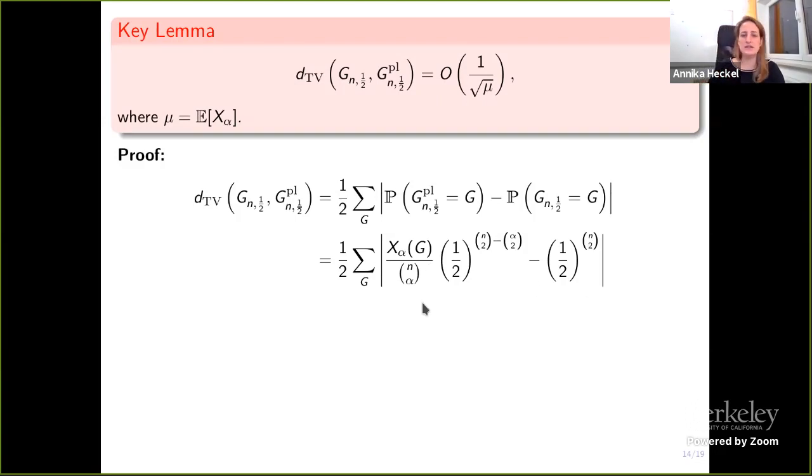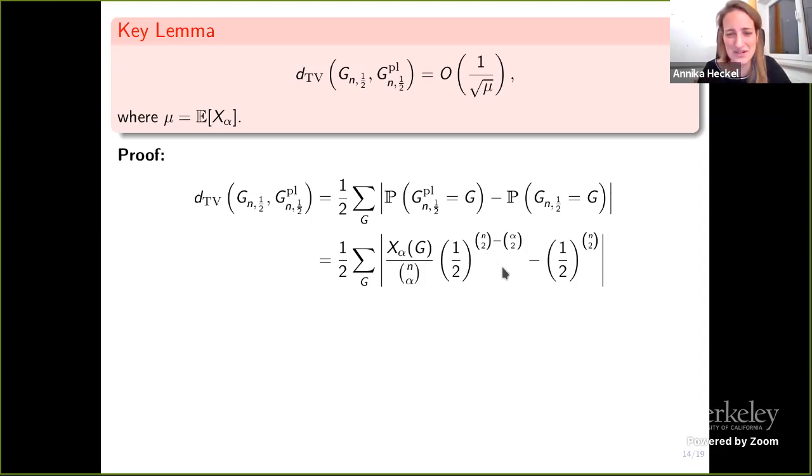And now here, what's the probability that our planted model comes out as a specific graph? Well, first of all, our planted alpha set has to come out as one of the alpha sets in G. So there are X_alpha(G) choices for this, divided by n choose alpha, the number of all choices. And then all the remaining edges have to come out exactly right, so either be there or not be there. Okay, good.